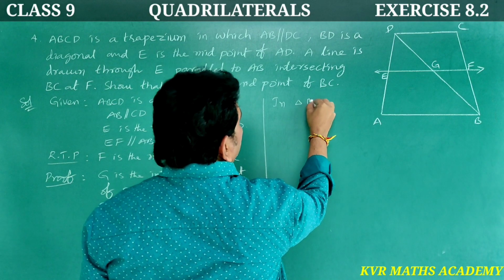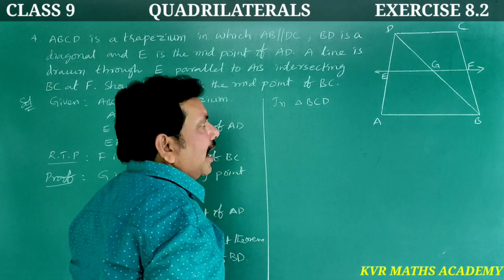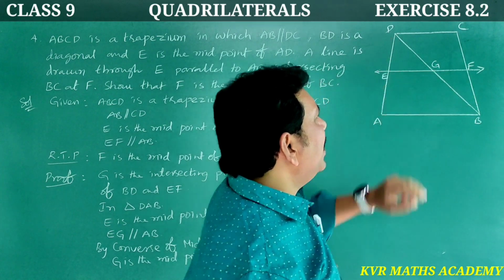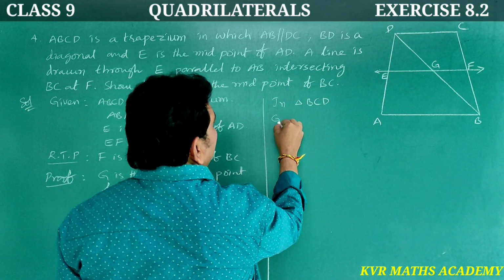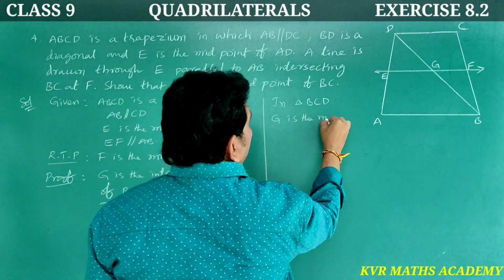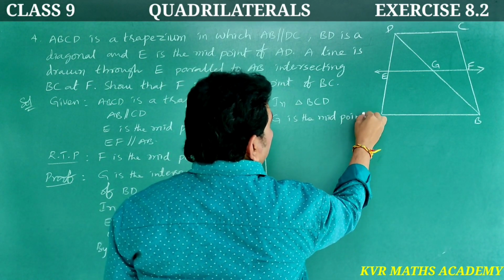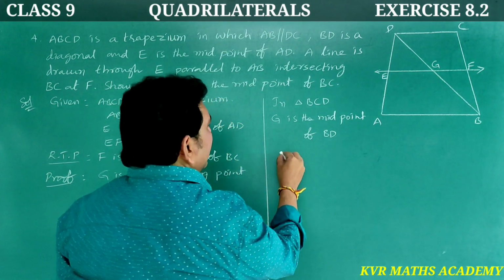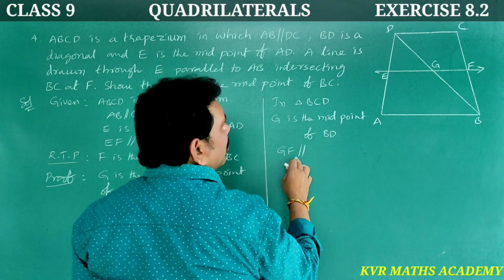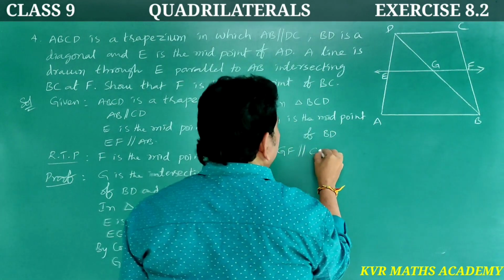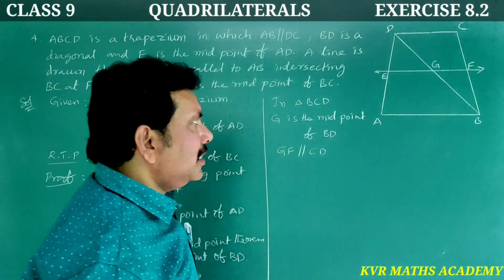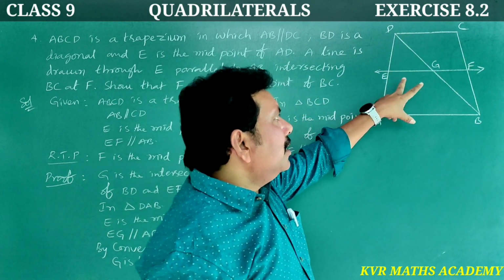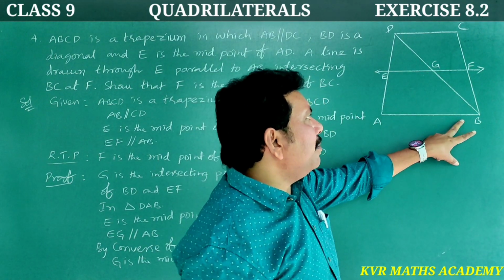In triangle BCD, G is the midpoint of BD. Next, GF is parallel to CD. Why? Why is GF parallel to CD? Because we were given that EF is parallel to AB.